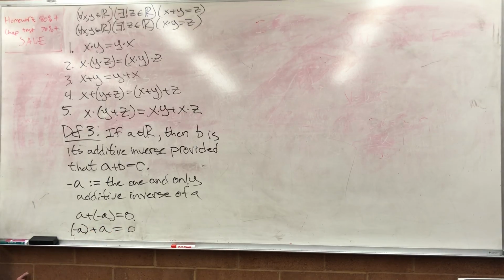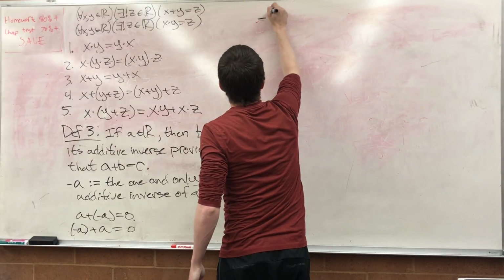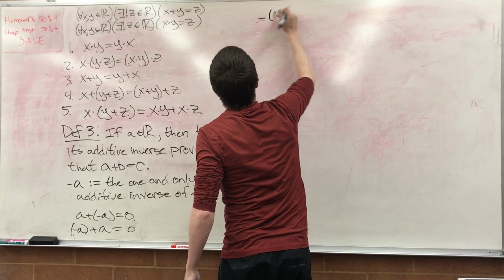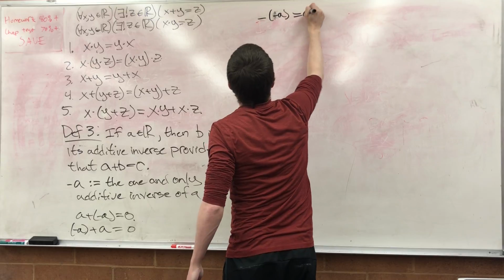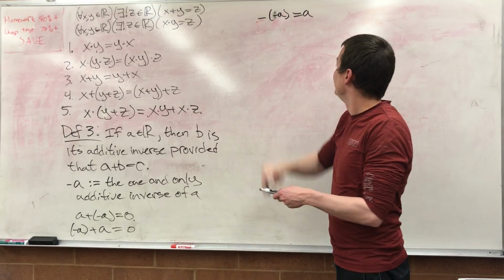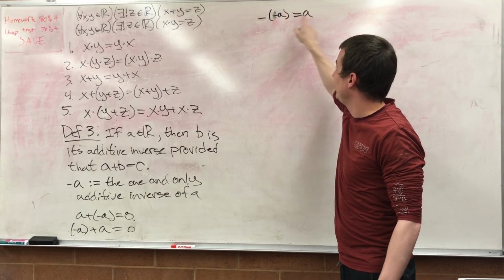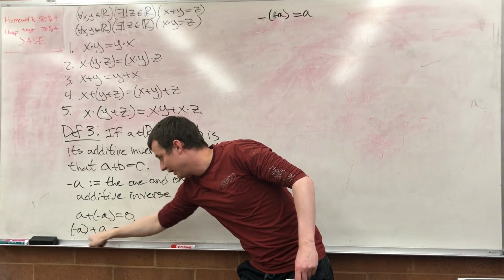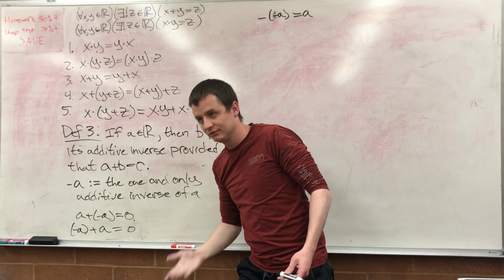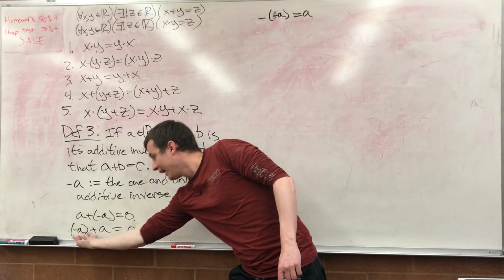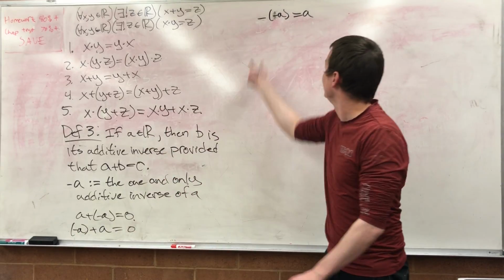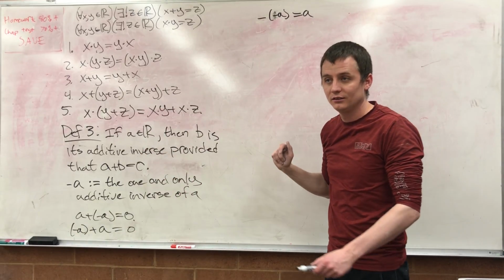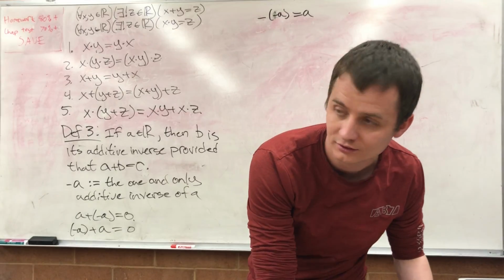So then A must be the additive inverse of negative A. In other words, we now know that the additive inverse of negative A is A, since negative A plus A gave us 0. A is an additive inverse of that thing, so the additive inverse of that thing is A. You follow that logic?